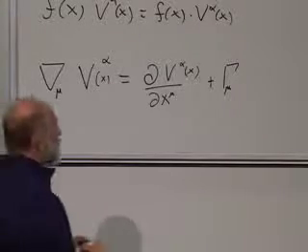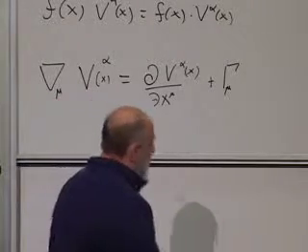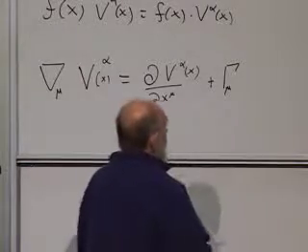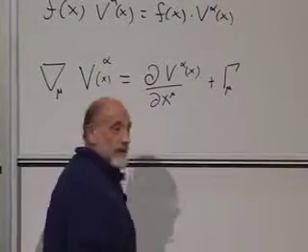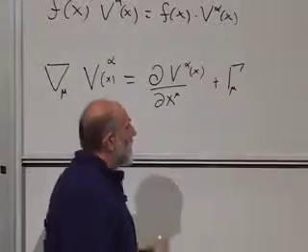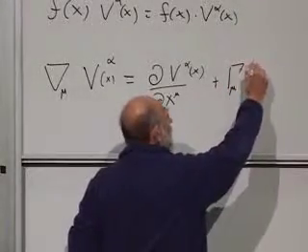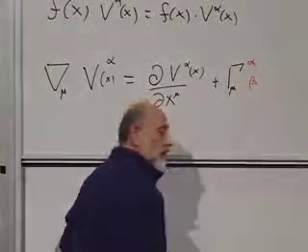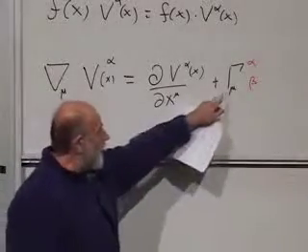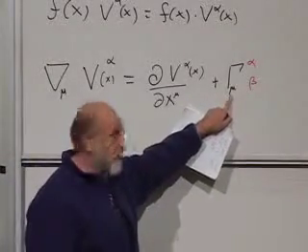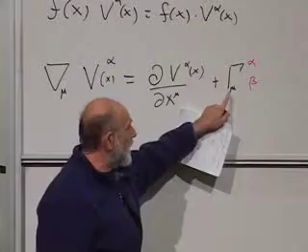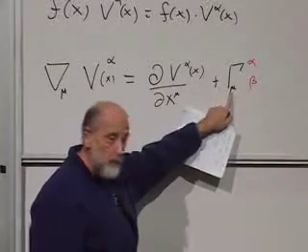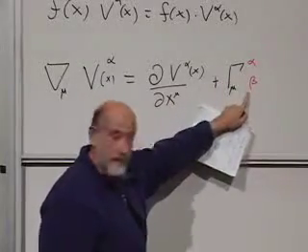I'm going to take the matrix indices and write them in red. But remember that the Christoffel symbol has three indices, mu, alpha and beta. Now, the way I want you to think about this is for each mu, there's a matrix gamma sub mu with indices alpha and beta.